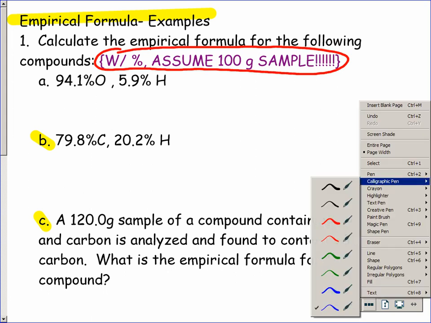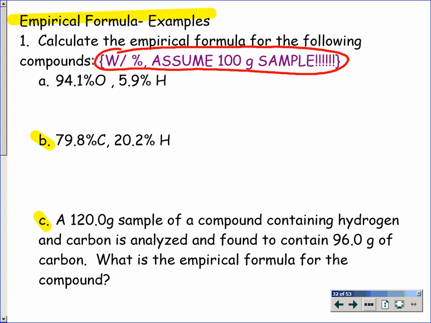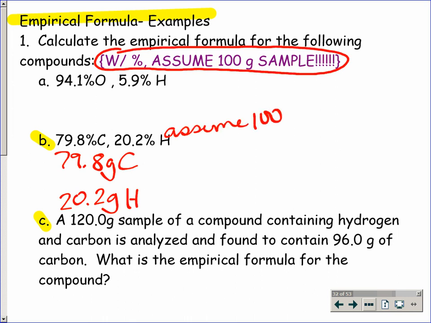So if I have a 100 gram sample and I have 79.8% carbon, how much carbon do I have? 79.8 grams of carbon, right? And then how much hydrogen do I have? 20.2 grams of hydrogen. So write down this example as percent. Maybe note to yourself, you assume a 100 gram sample, and then this is how we're starting. Now it's a piece of cake.